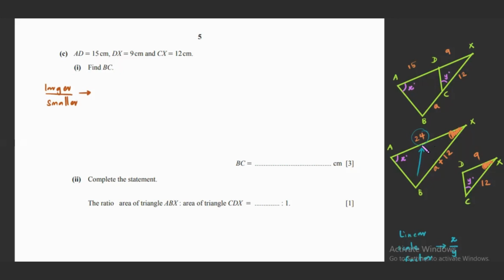So the side that is matching with this 24 in the smaller triangle is this 12, because this 12 is also opposite to the angle that I haven't marked here, which means this 24 and 12 are matching. So I can write it as 24 over 12. The larger triangle's value I have put at the top, and the side matching with this 24 centimeter side is written at the bottom. So that is the smaller triangle's value.